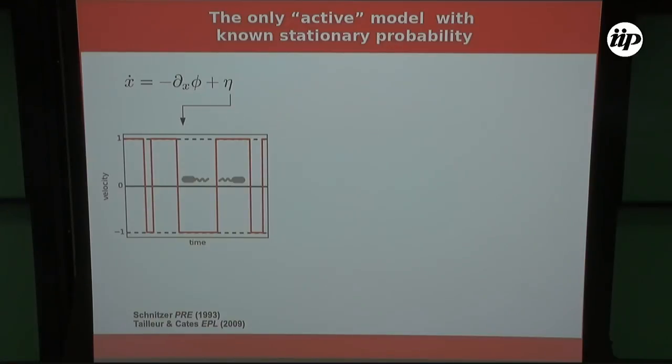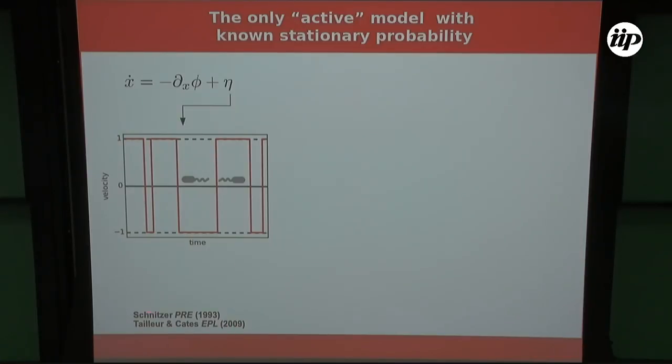In particular, the run and tumble model, in 1D, is made in such a way that the particle swims straight for a given time, then it switches to the other direction, then after some time, at random times, it switches again going to the right. So you can think that your active particle is swimming left or swimming right, and is instantaneously changing the direction of swimming. And the distribution of these run lengths, of these waiting times, is exponential, because the process of switching is Poissonian.